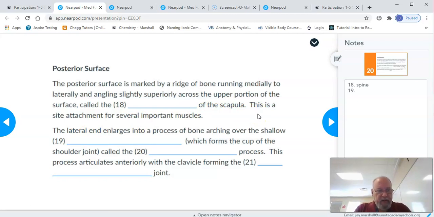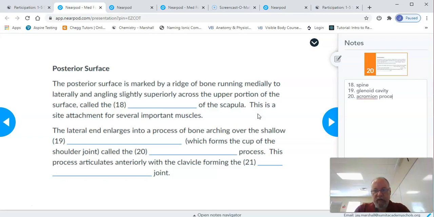And then the lateral end of this enlarges into a process of bone that arches over the shallow glenoid cavity. Okay, the glenoid cavity is the cup of the shoulder joint, and the arch of bone that arches over it is called the acromion process.